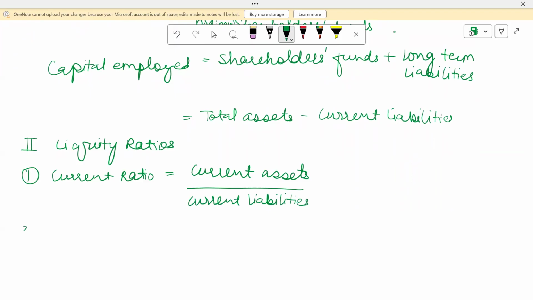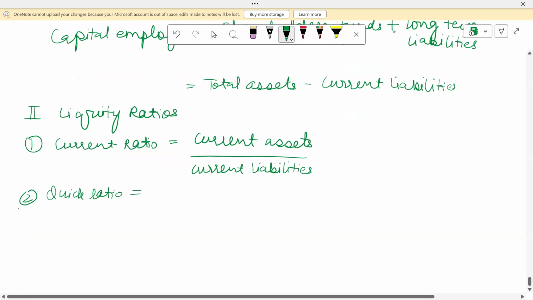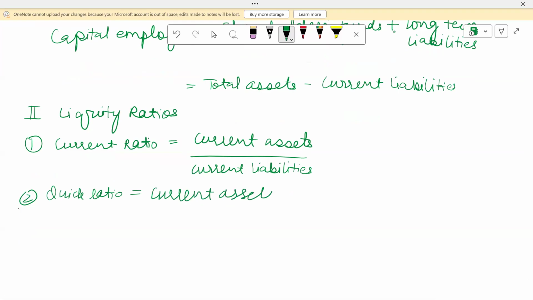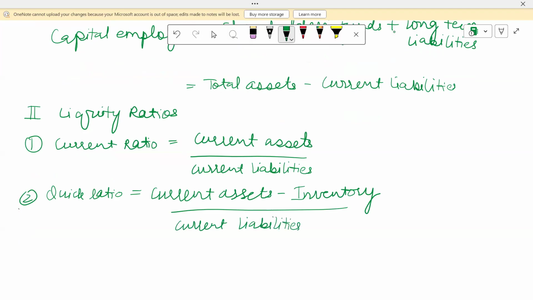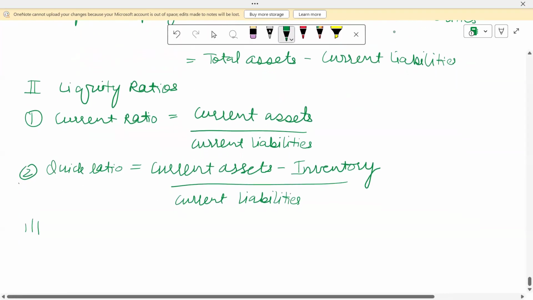And then the second one in this liquidity category is your quick ratio. Quick ratio will be equal to your quick assets. Quick assets are nothing but your current assets minus inventory, divided by current liabilities.